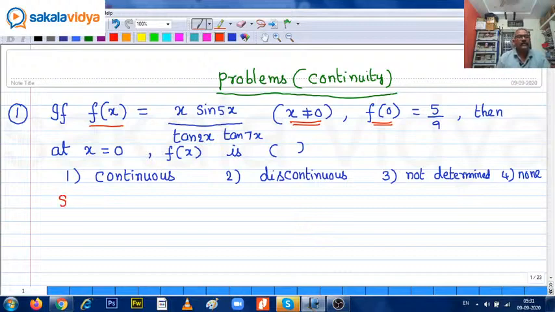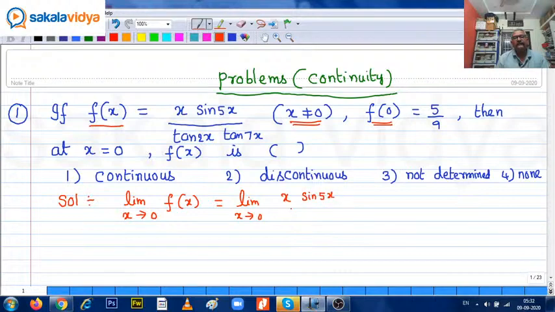So first solution let us do. Limit x tends to 0, f of x let us find out. Limit x tends to 0 of x sine 5x upon tan 2x tan 7x.